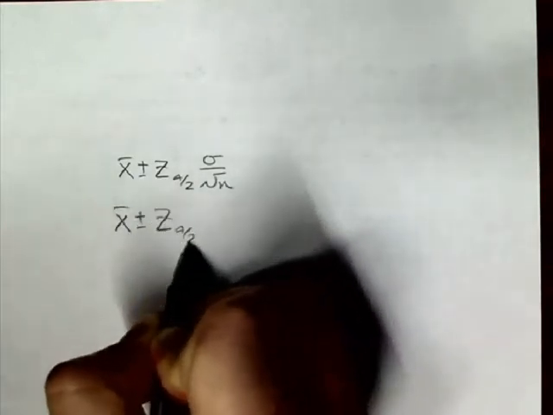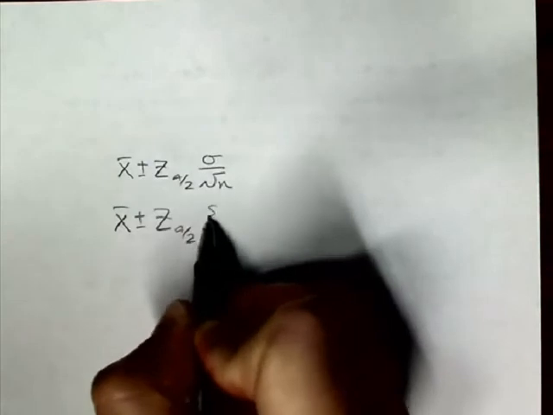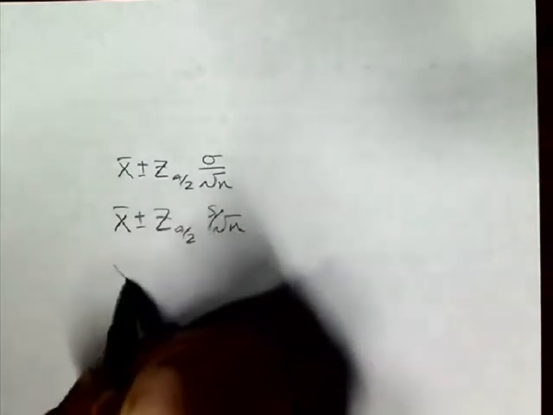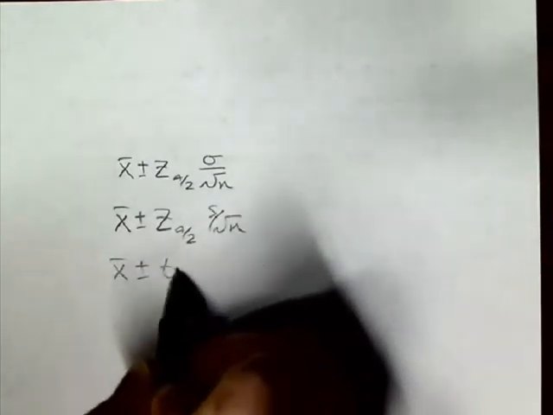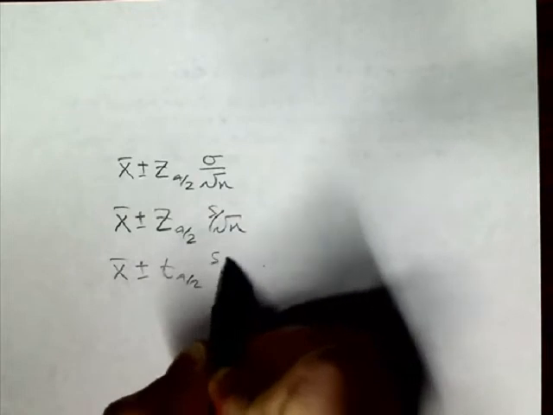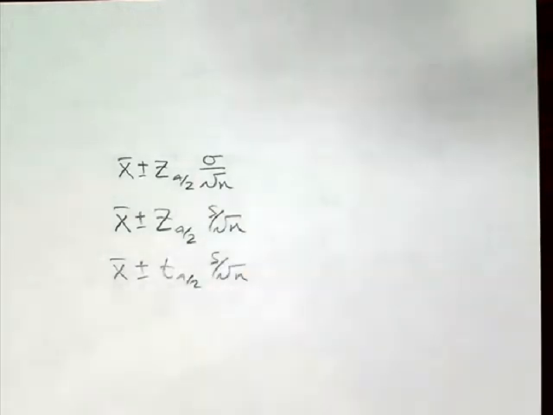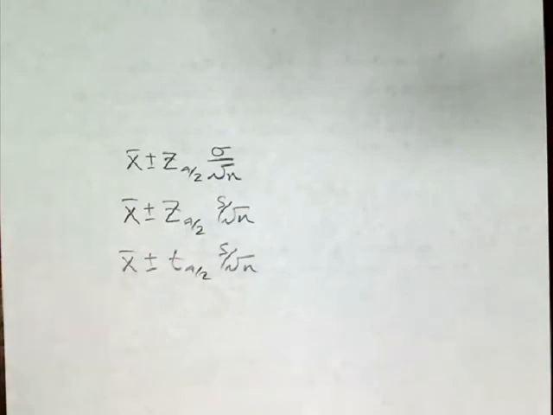We have x bar plus or minus z sub alpha over 2 times s over root n. And then lastly, we have x bar plus or minus t sub alpha over 2 times s over root n. So we got to ask ourselves, which one of these 3 do we use, or can we use any of them?